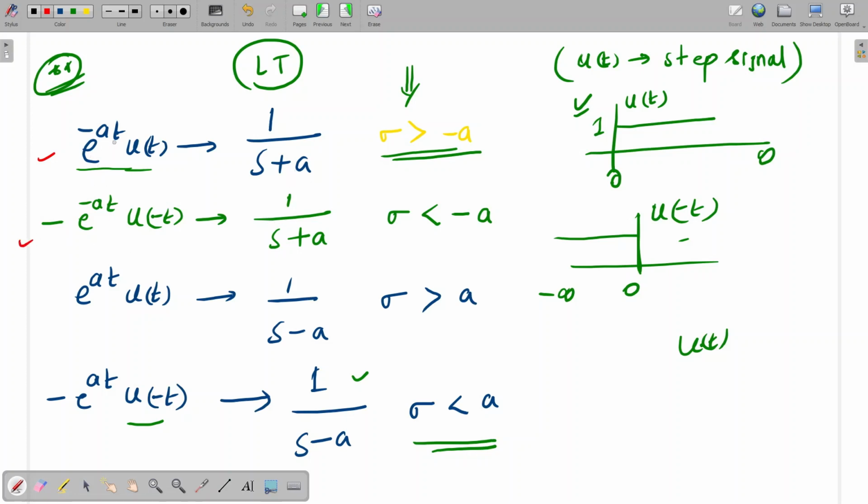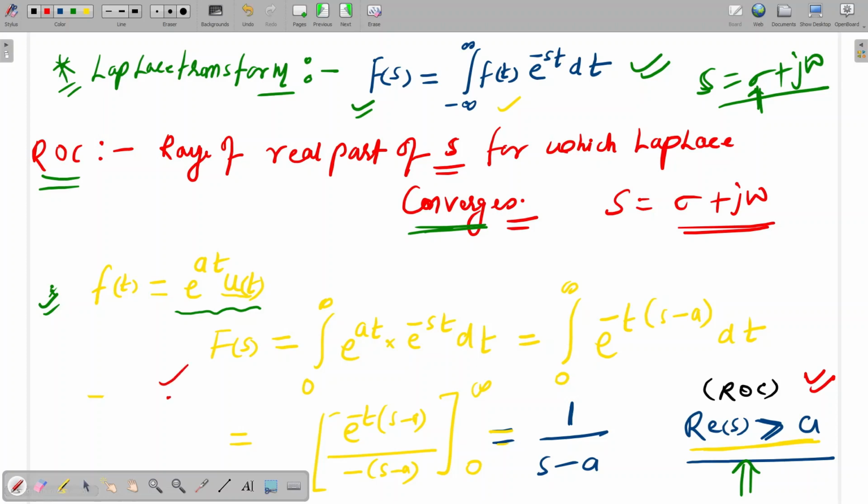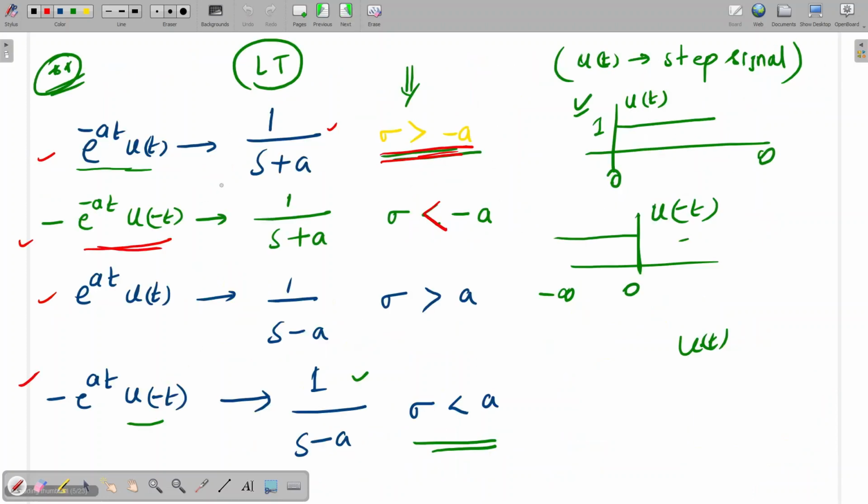This one is e to the power minus a t u of t, and this one is e to the power minus a t u of minus t. Here the ROC is sigma greater than minus a, and here the ROC is sigma less than minus a. We can apply this basic formula and derive the Laplace transform and ROC for all these four.